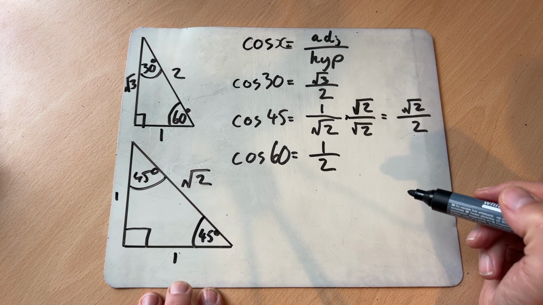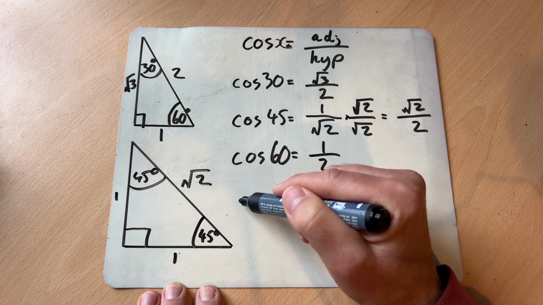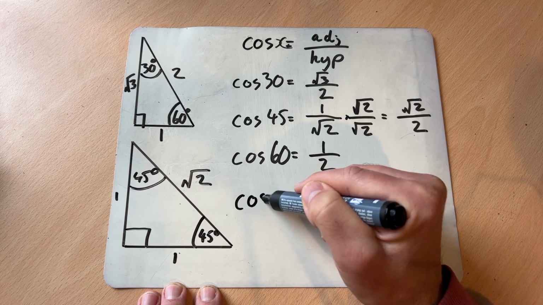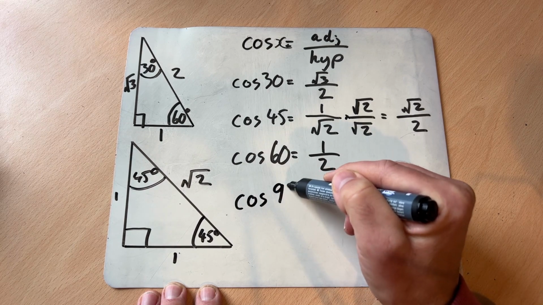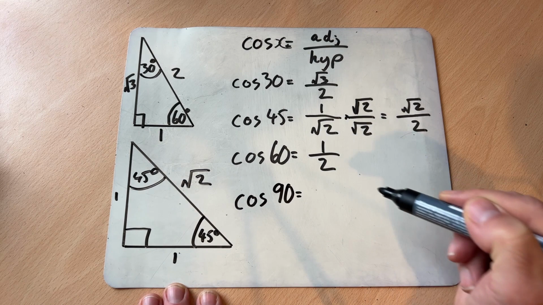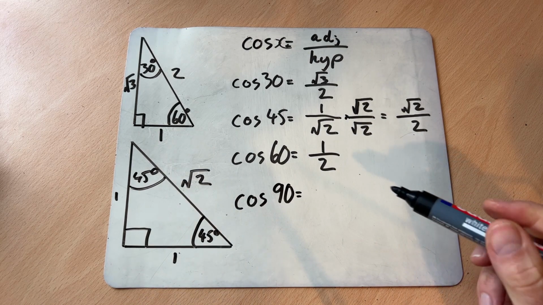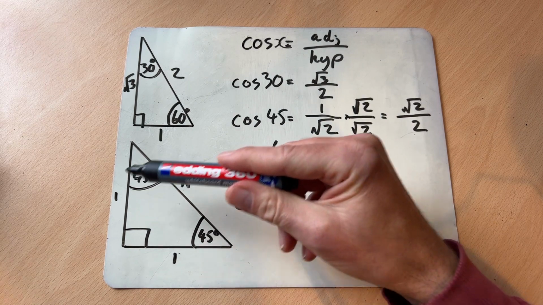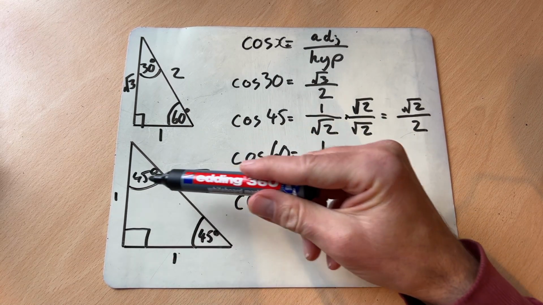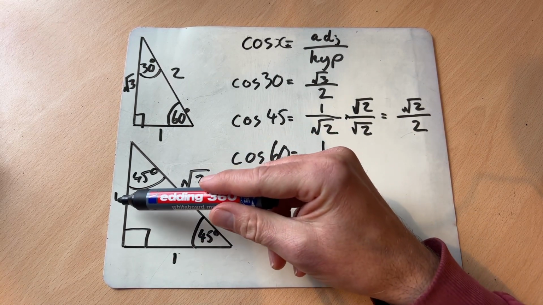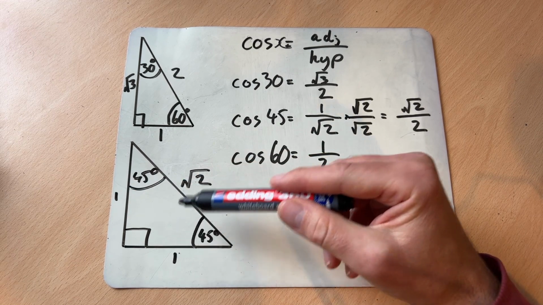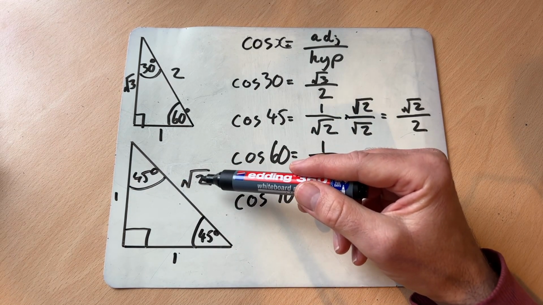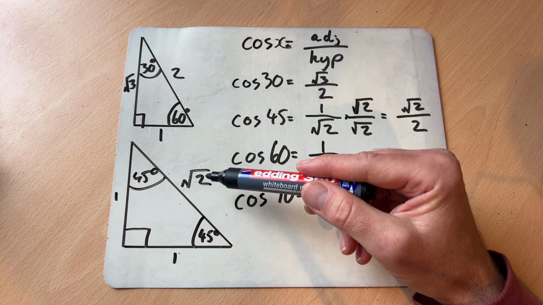Okay, now, cos 90. This is an awkward one if we're using this method. For starters, let's have a look at where we are. If we're down here using the 45 fella, our adjacent would be 1 on either side, and the hypotenuse would be root 2. Okay, 1 over root 2.